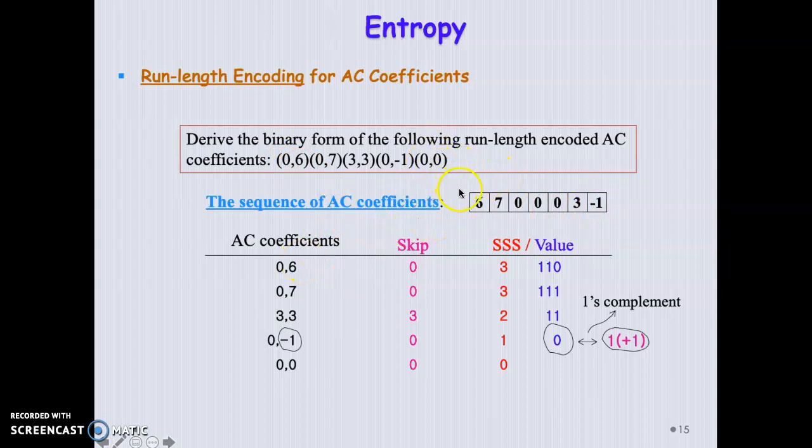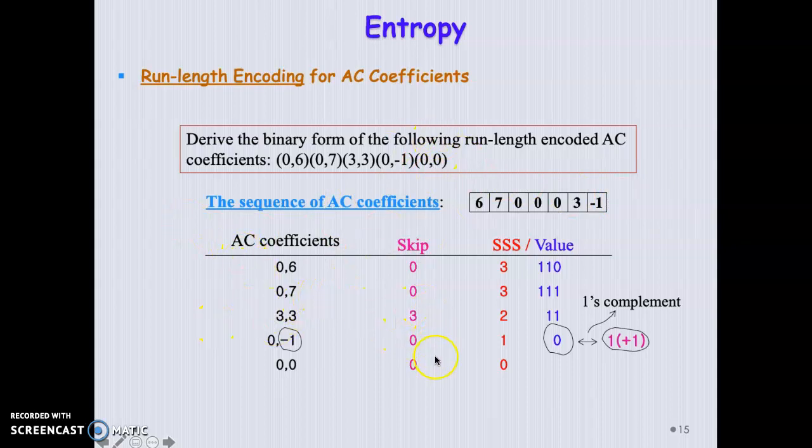How to get this one is by 0 6, 0 7, 3 0, 0 3, 0 1, 2 3, and the next is 0 3. There is no zero, and the next is 0 at -1, and the rest will be 0 0. So how to encode this?